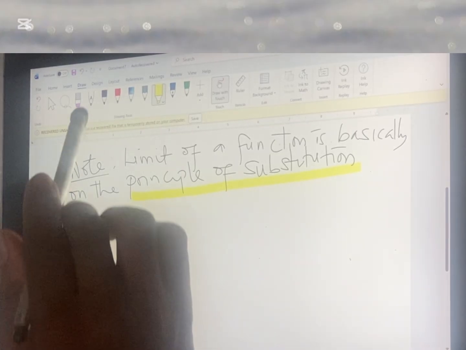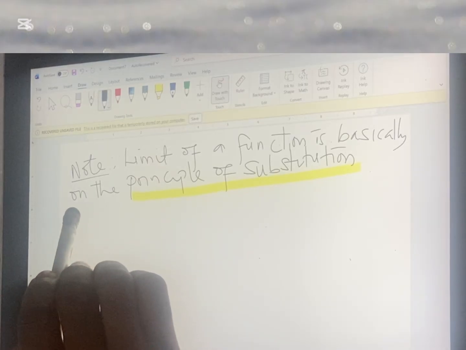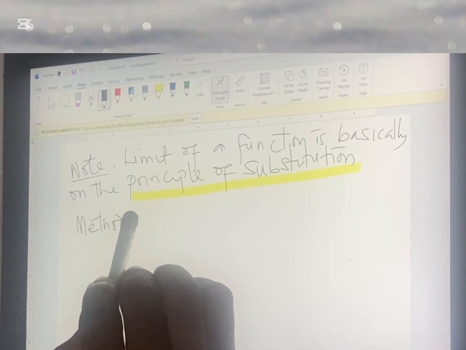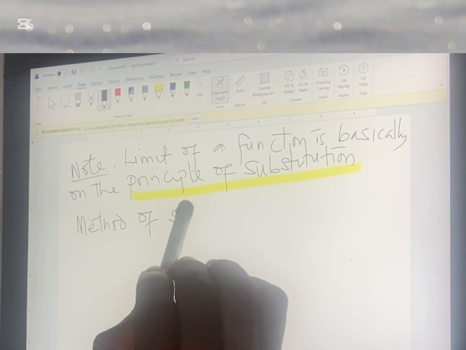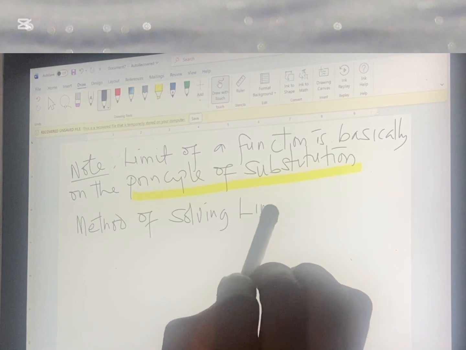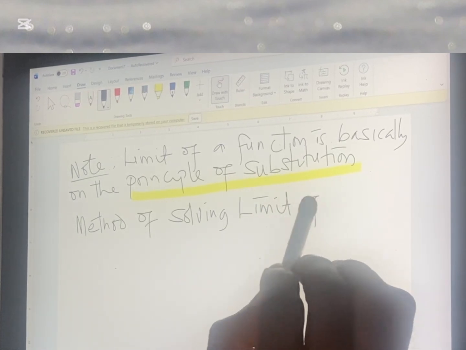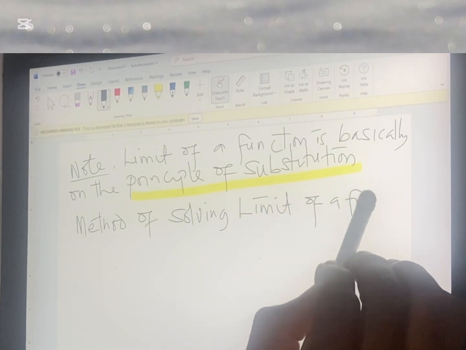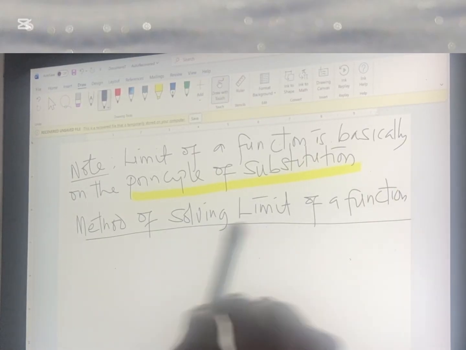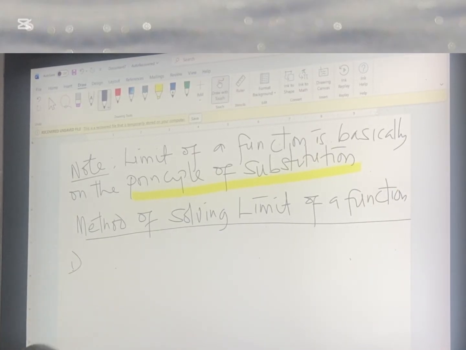So now let's take the methods we can use to solve limit of a function. You can write: methods of solving limit of a function. We have three methods.